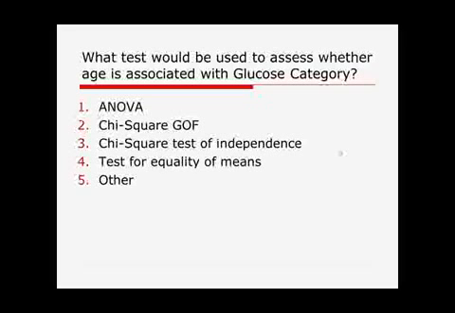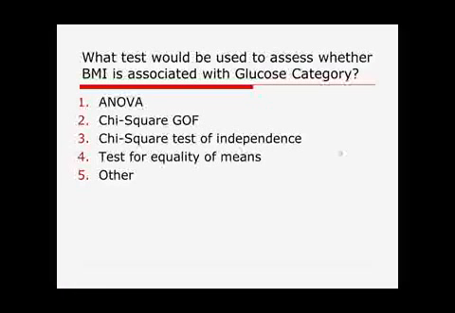How about this one? How would you test whether age was associated with glucose category? Good. A lot of you are getting this. Analysis of variance. Here, age is continuous. We have 3 glucose categories, and what we have is continuous ages. So we look at mean ages in the 3 groups and compare them statistically. Good. What about BMI?